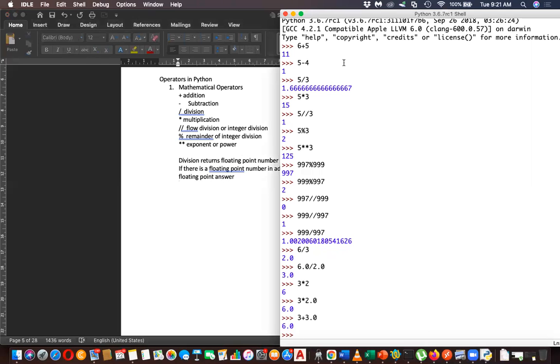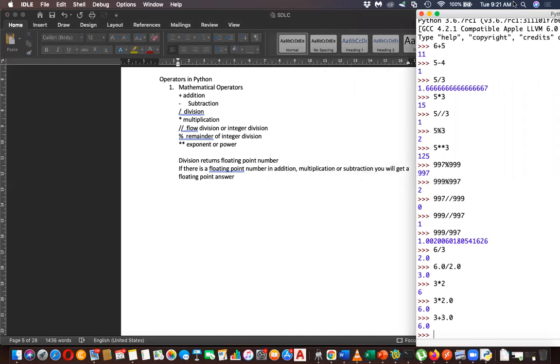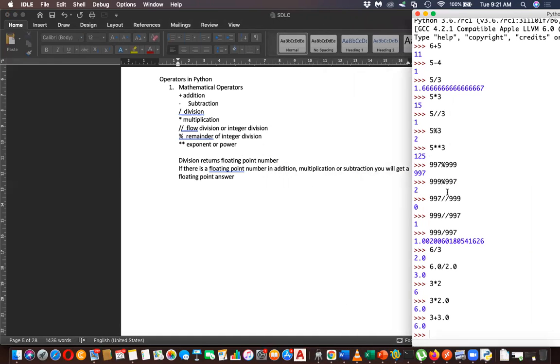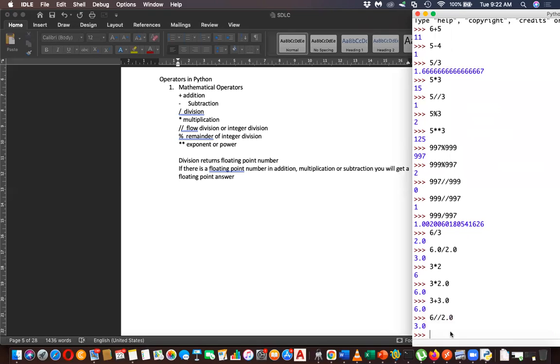But in these other two cases, okay, let's say 6 floor divided by 2.0. Still you get 3.0 as the answer.